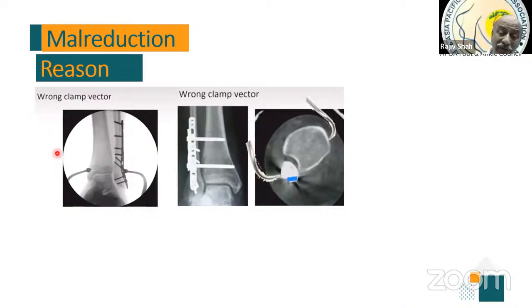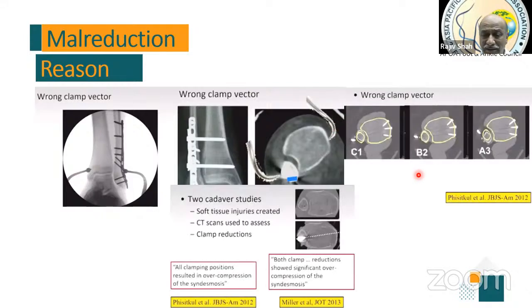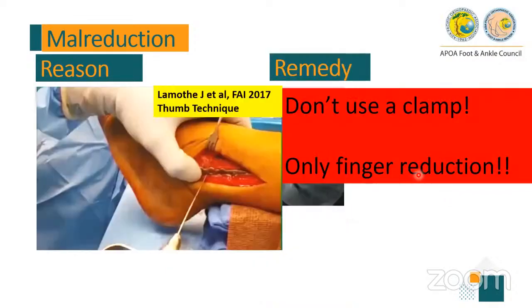So when you are using a clamp, if the clamp is not put into the proper axis, the axis into which you fix the syndesmotic screw, posterolateral to anteromedial, you may under reduce, over compress, under compress, or slide the fibula anteriorly or posteriorly. So your clamp could give a wrong vector, and various studies have shown that the clamp could give malreduction.